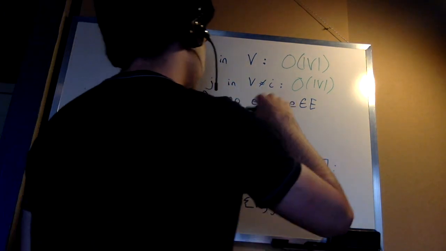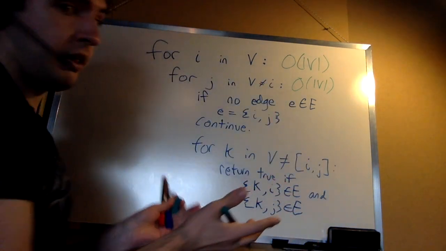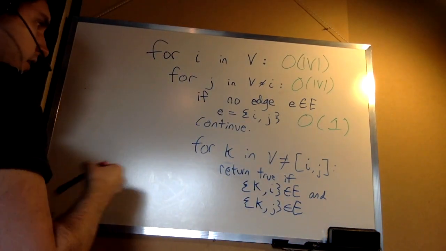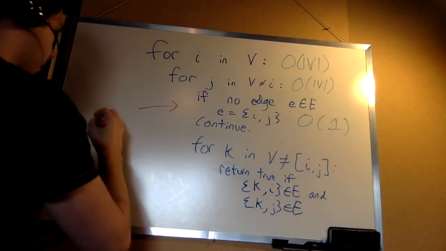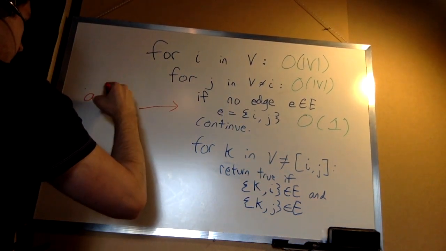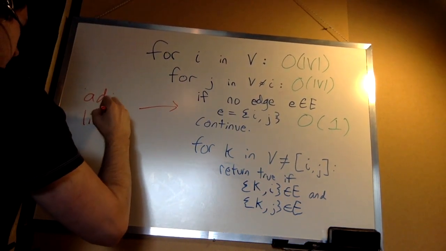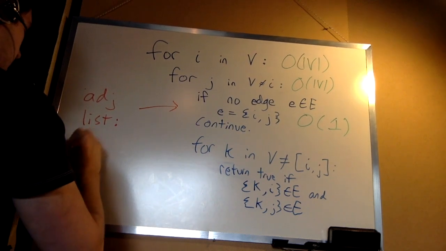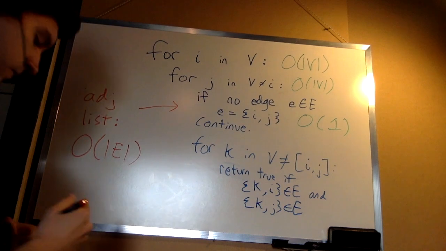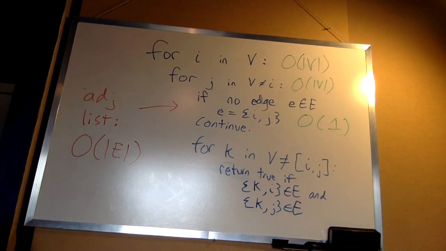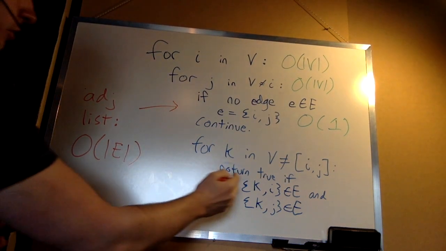This operation here of checking if there's an edge because of our adjacency matrix is now O of 1. But this would be the slow part otherwise, so with an adjacency list, would be O of E. As would this too.